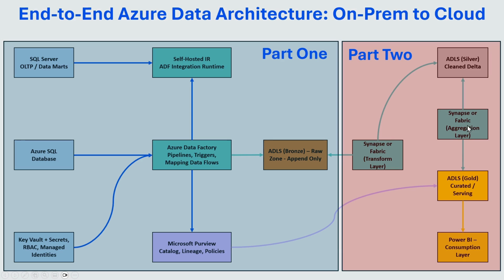Again, we are going to utilize the Synapse Analytics or Microsoft Fabric platform for transformation. Finally, we are going to use Power BI to develop some dashboards and serve the data. For data governance, we will use Microsoft Purview and see some of the cataloging and lineage, and that's basically it. That's what we are trying to achieve.